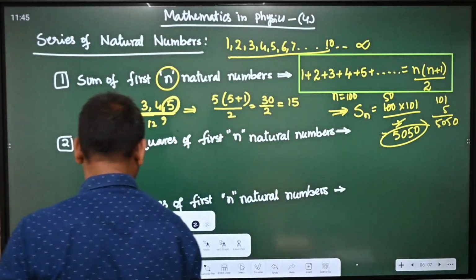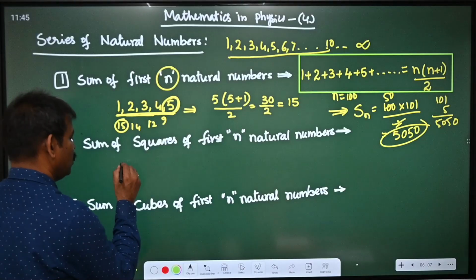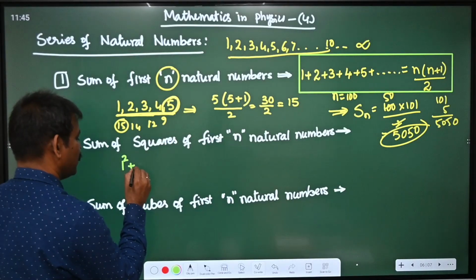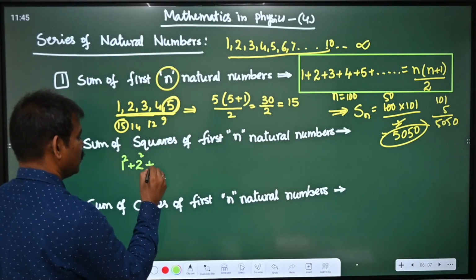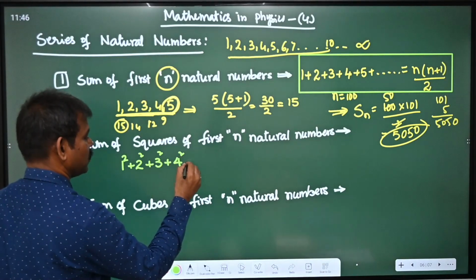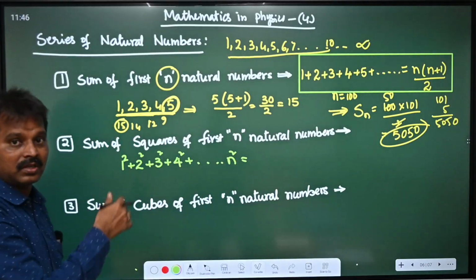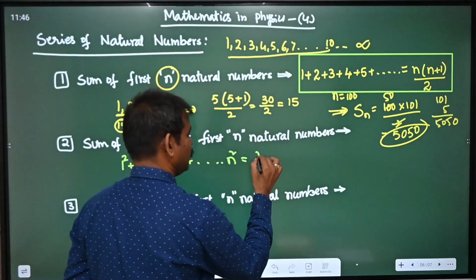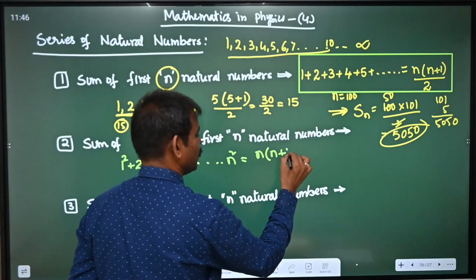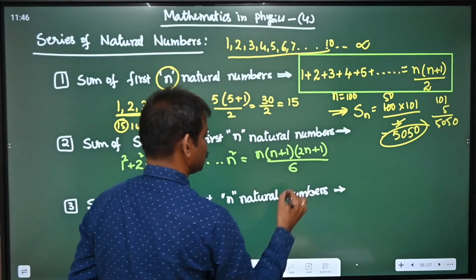Second one, sum of squares of first n natural numbers, that is 1 square plus 2 square plus 3 square plus 4 square and so on, n square. When squares are given, this will become n into n plus 1 into 2n plus 1 by 6.